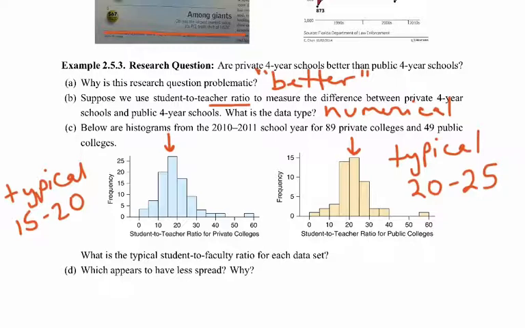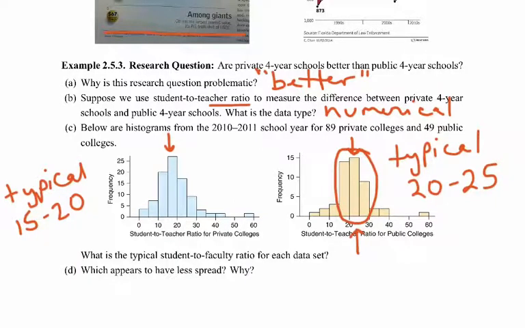Which graph appears to have less spread? So for less spread, I would say look at which graph has more values clustered together. So which graph has more values closer to the center? And hopefully you see that that would be the public colleges. There's more values that are in the center area, and then from there it really drops off.